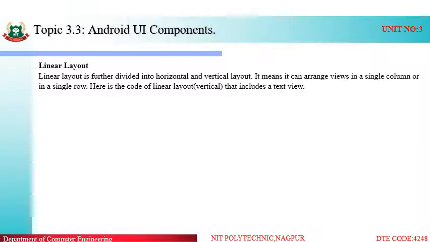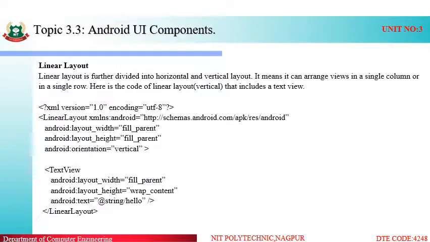So the first is the linear layout. As the name suggests, it consists of a linear structure, that is, it may be divided into horizontal parts or vertical parts. It means it can arrange views in a single column or in a single row. So the typical example of this is given.